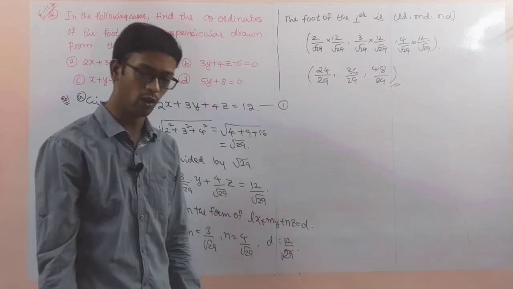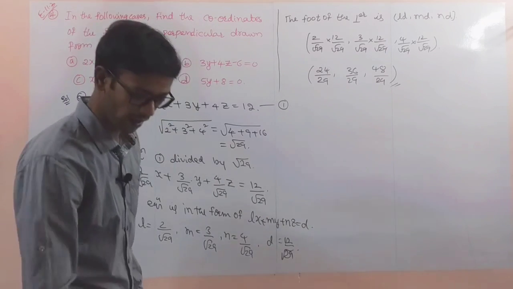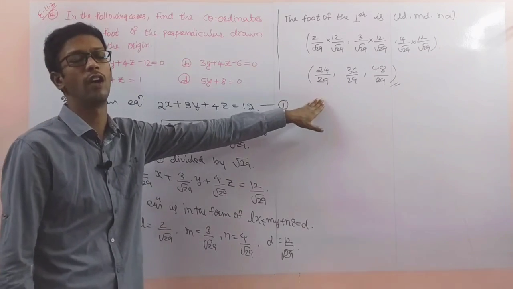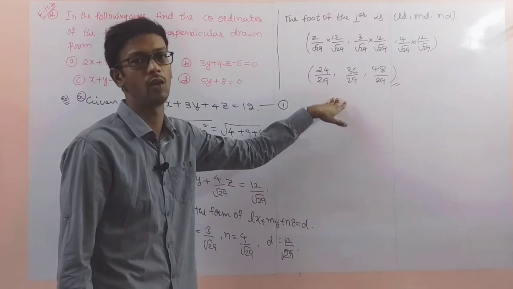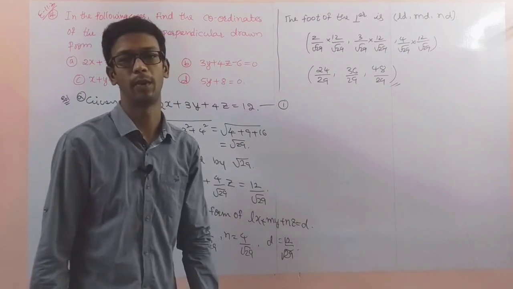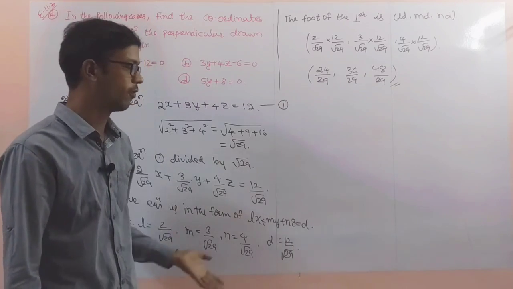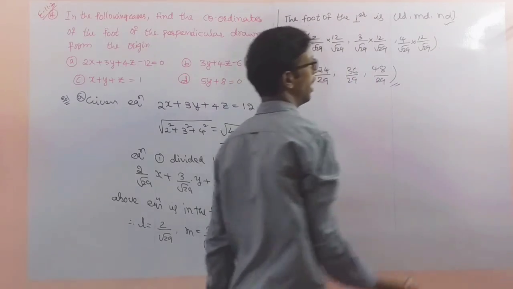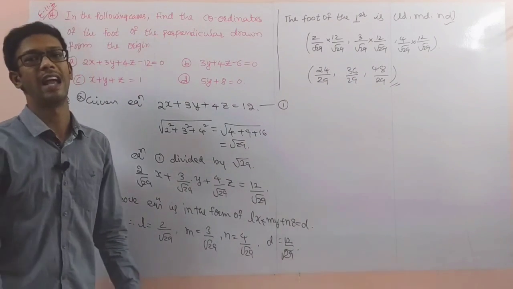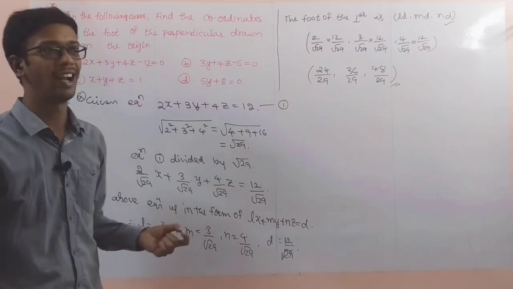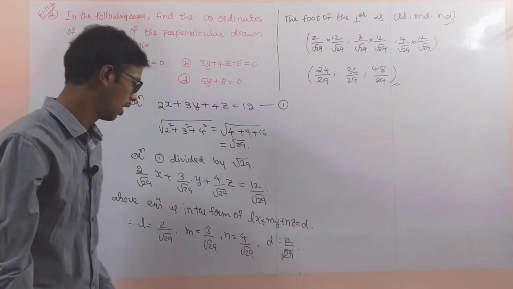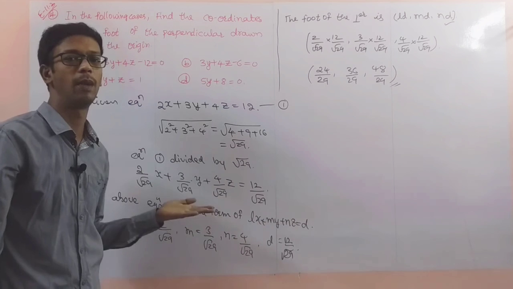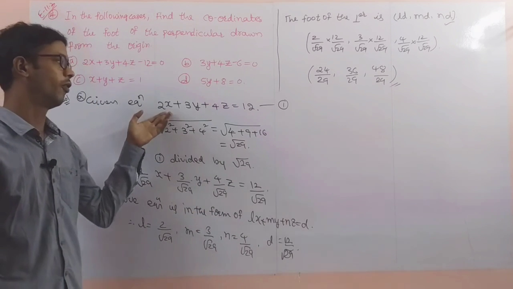Root 29 into root 29 is 29. So these are the coordinates of the foot of the perpendicular. This is the way of finding the foot of the perpendicular. This is the shortcut form. You have to remember ld, md, nd are the coordinates of the foot of the perpendicular. And first of all, convert the given equation into the normal plane equation; for that purpose, take the square root of the coefficients.